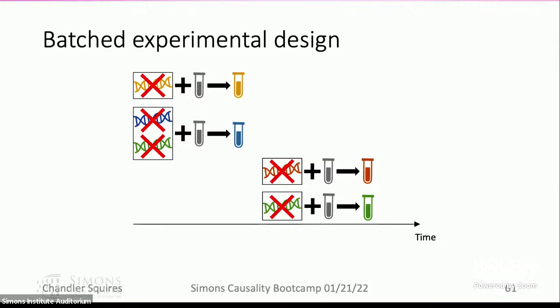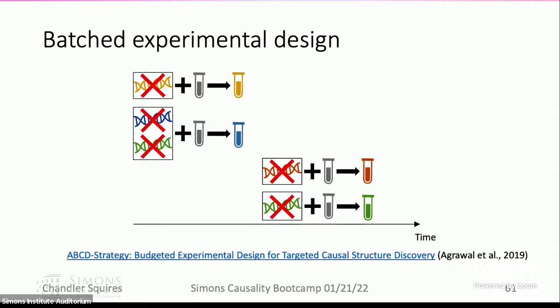So you could have something in between where maybe I know the budget I have to run experiments, like, okay, I'm fine with running 4 experiments, but I'm only fine with doing that in 2 batches. So I could do 3 in the first batch and 1 in the second batch, vice versa, or I could split it equally. There are a lot of options for the design choices to make here, and figuring out what's optimal there.